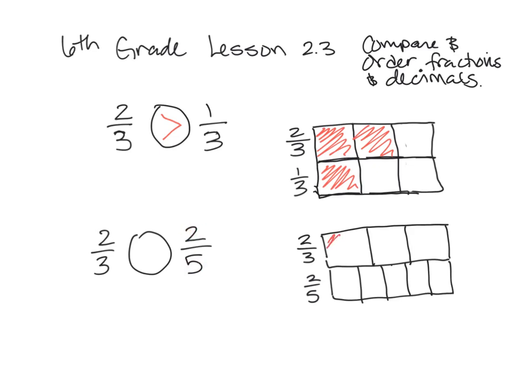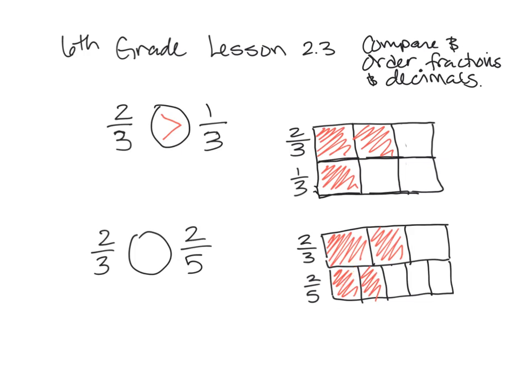I have 2 out of 3. So it's cut into 3 even pieces because that's what the denominator says. 1, 2, 3 even pieces, and I get to eat 2 of those pieces. If my brother gets to also have 2 pieces, but the candy bar that he's getting 2 pieces of is cut into 5 equal pieces, he's getting 2 smaller pieces.